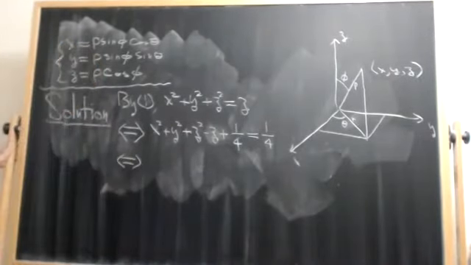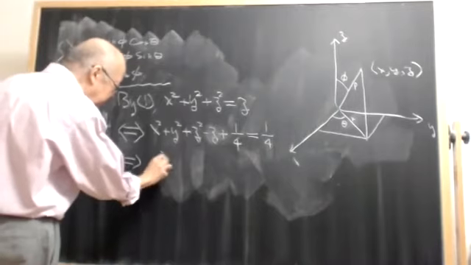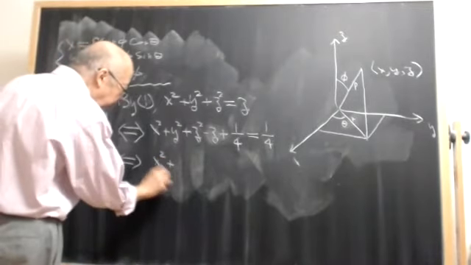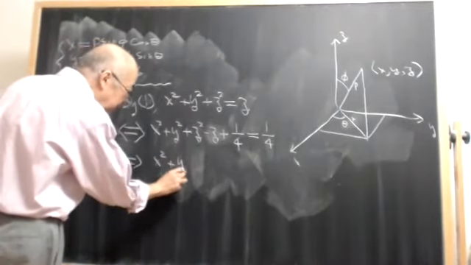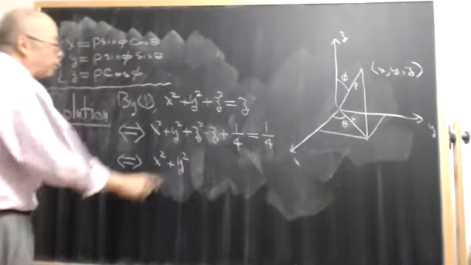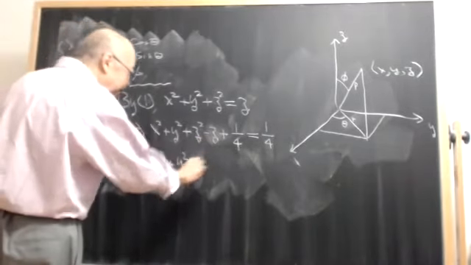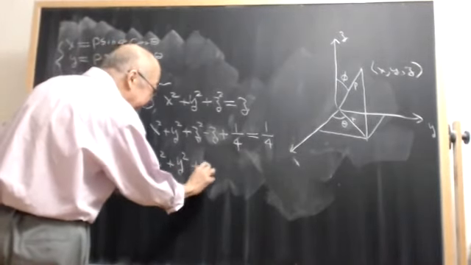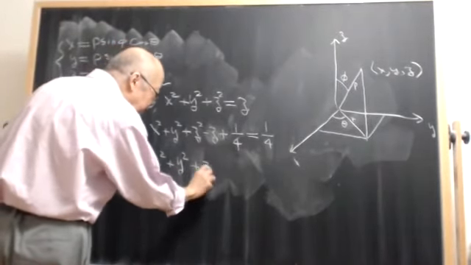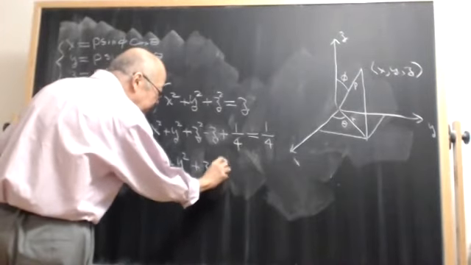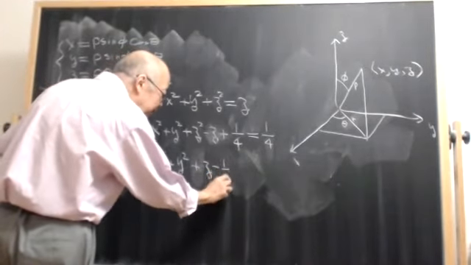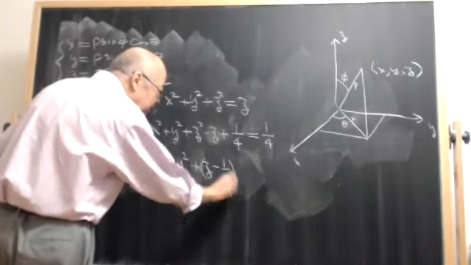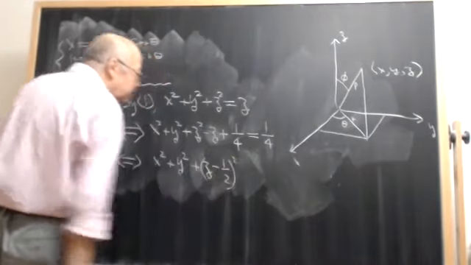So this is going to be x squared plus y squared. Now, when you complete the square here, it is going to be z minus 1/2 squared. Correct?